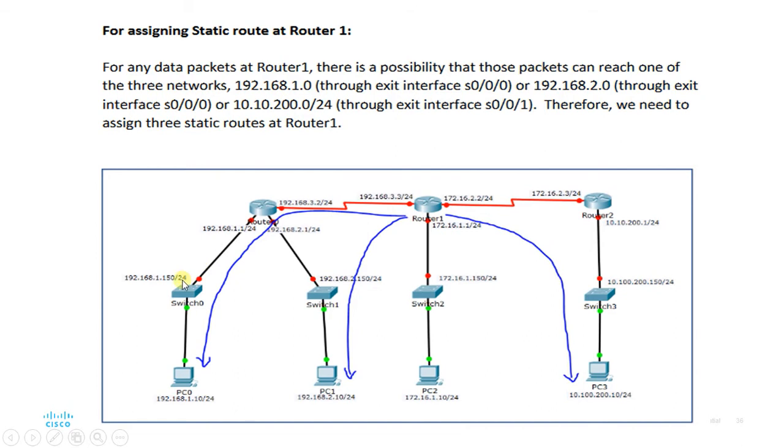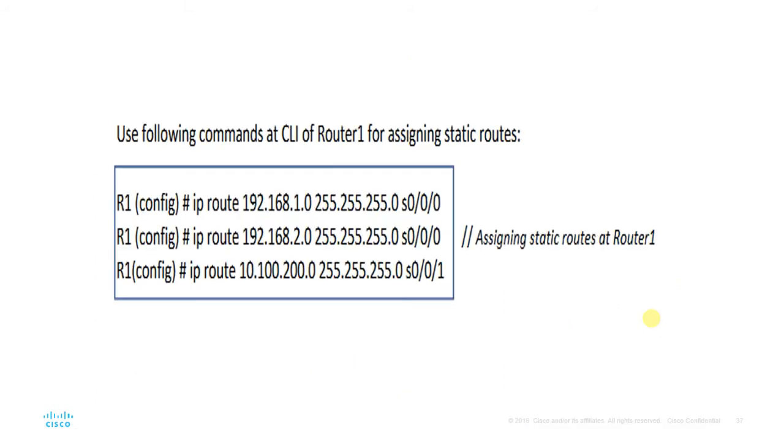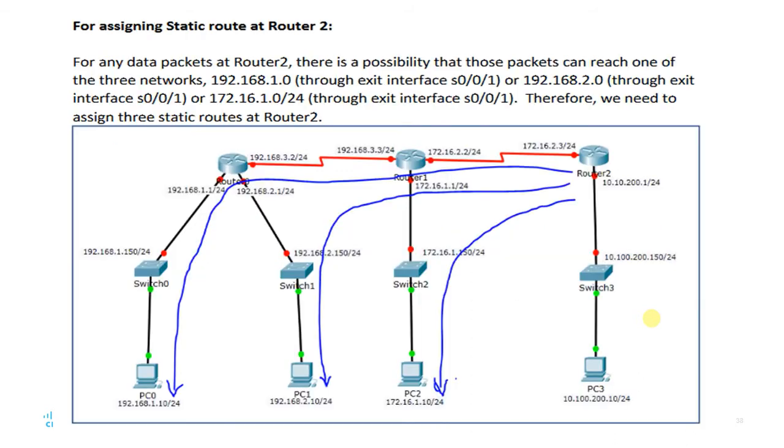For the 192.168.1.0 and 2.0 networks, the exit interface will be this serial interface, whether it is S000 or 001, 010 or 011, whatever you have chosen. And for this network, the IP address of this serial interface is the exit interface for the 10.100 network. So 3 IP route commands we have to assign for router 1.